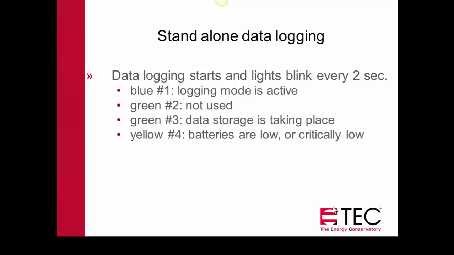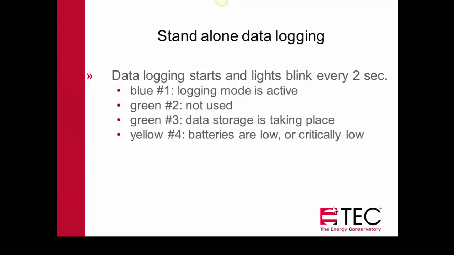Once you start that logging, you'll notice that 2 of the lights will blink really briefly every 2 seconds. The blue tells you that the logging mode is active, and the green tells you that data storage is taking place.